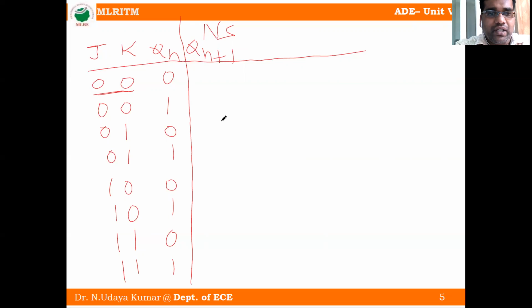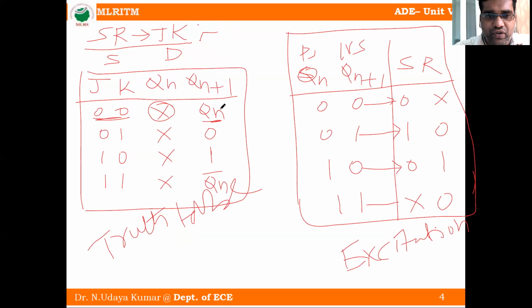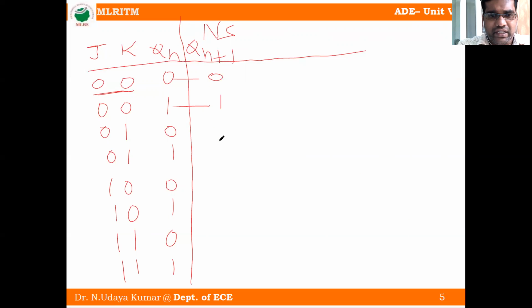That means if JK is equal to 0, 0, it means same state: we will get 0 as it is and 1 as it is. For 1, 0 case, what is the next state? 0. Irrespective of the present state, we will get state as 0. Here 0 and here 0.